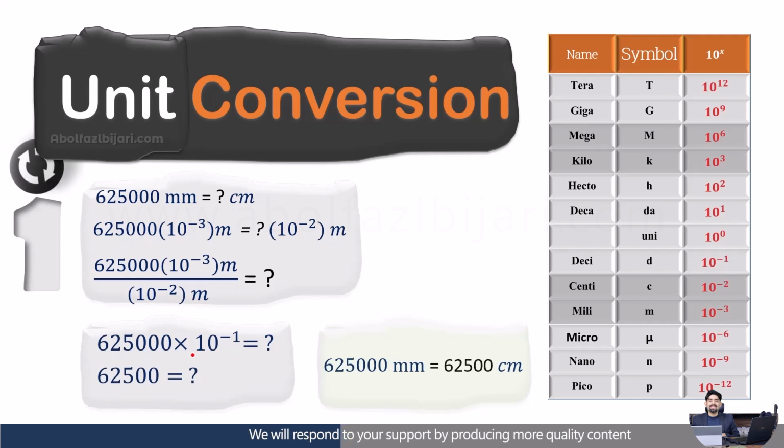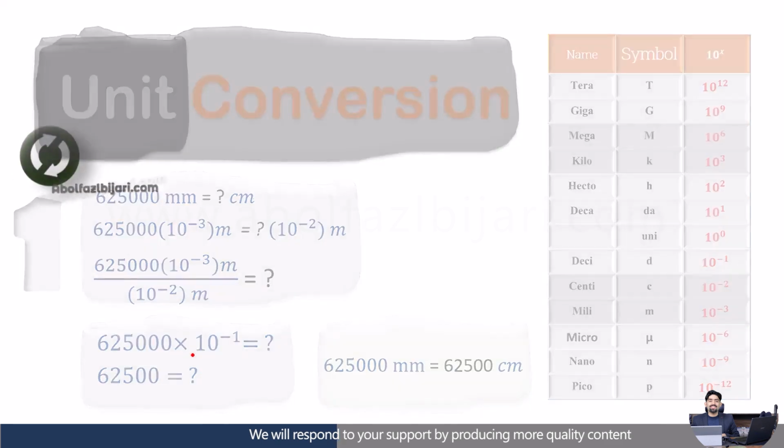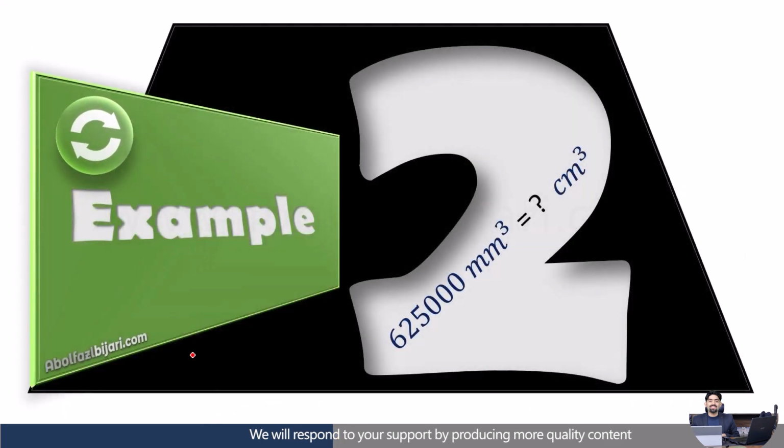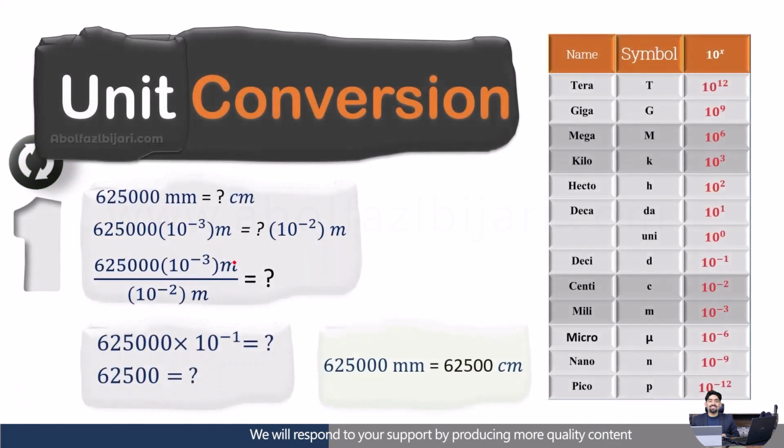All unit conversions are solved in this way. So whenever we see milli, replace it with 10 to the negative power 3. Whenever we see centi, replace it with 10 to the negative power 2. Whatever the unit power is, the prefix takes the same power.